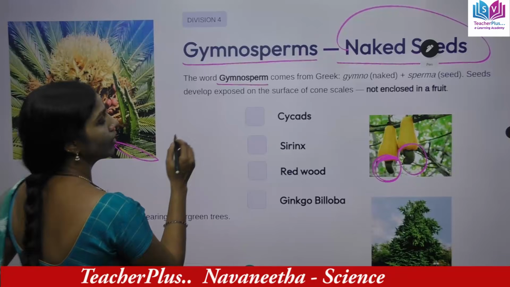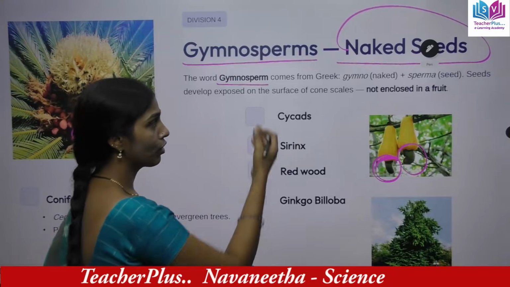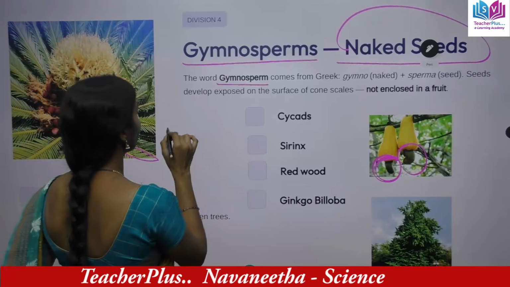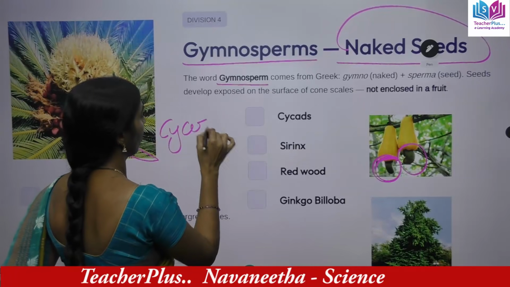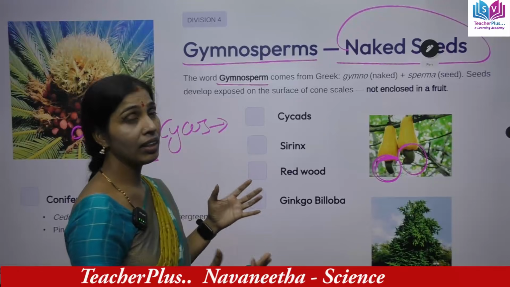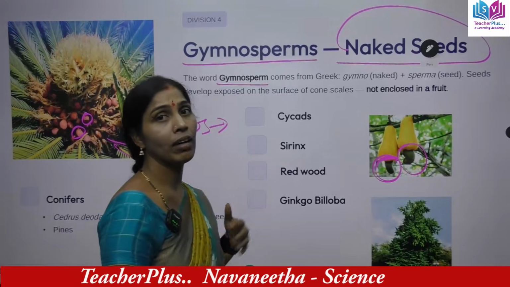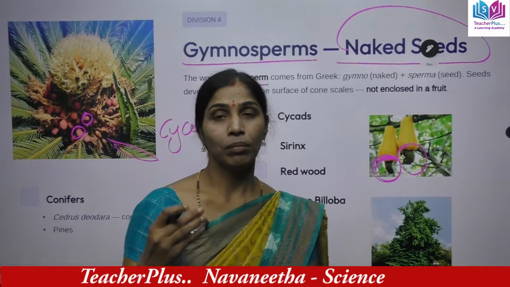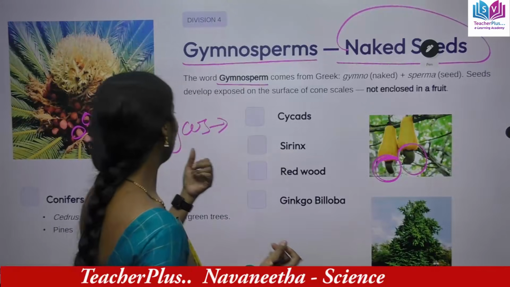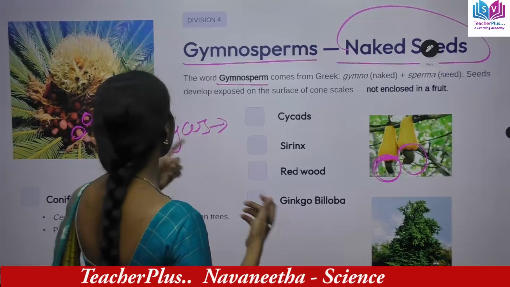And here are some of the important plants we have to see. Here, cycas plants. This plant's egg is the biggest in the entire plant kingdom. Coming to animals, the biggest egg is present in the ostrich, and the biggest egg in the plants is cycas.